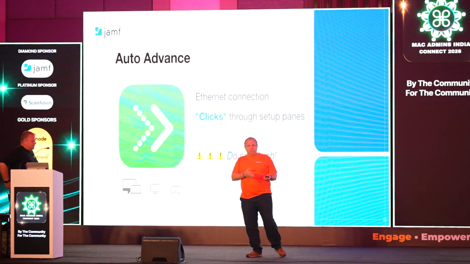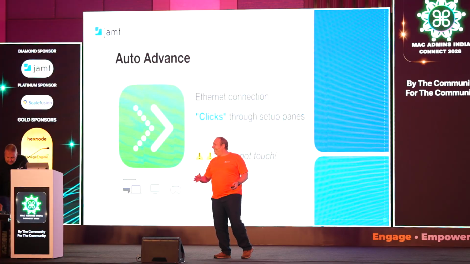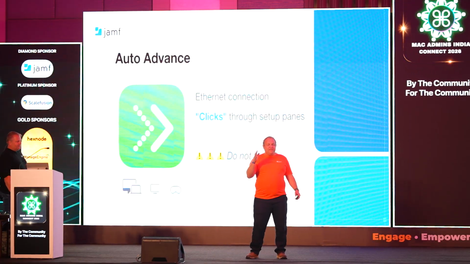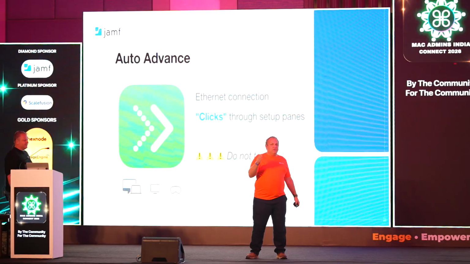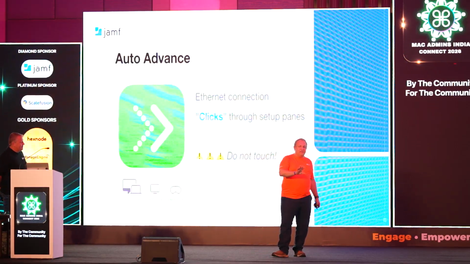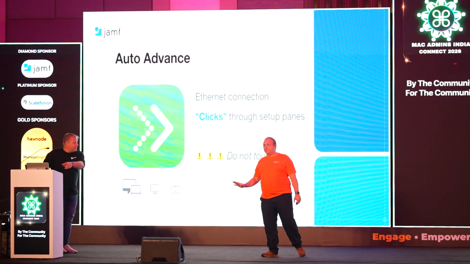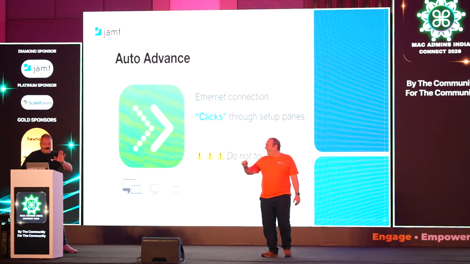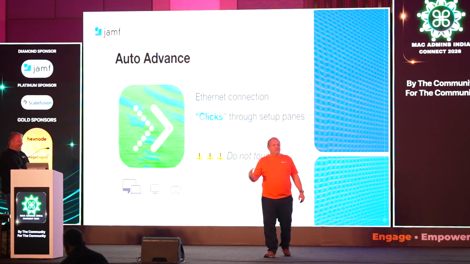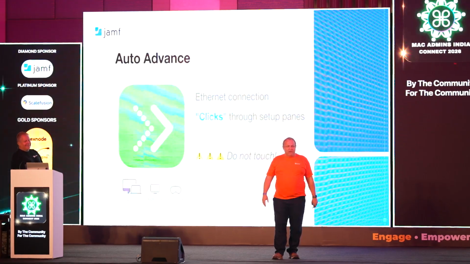I didn't do anything. Step away. This works really well. It takes a minute to kick in. And when it kicks in and you're sitting at the demo machine that you're testing with, do not touch the keyboard or the mouse. I didn't touch the keyboard, I swear. Yeah, right. Do not touch it, otherwise the Auto Advance will stop and you'll have to do it all manually. But it works really well.